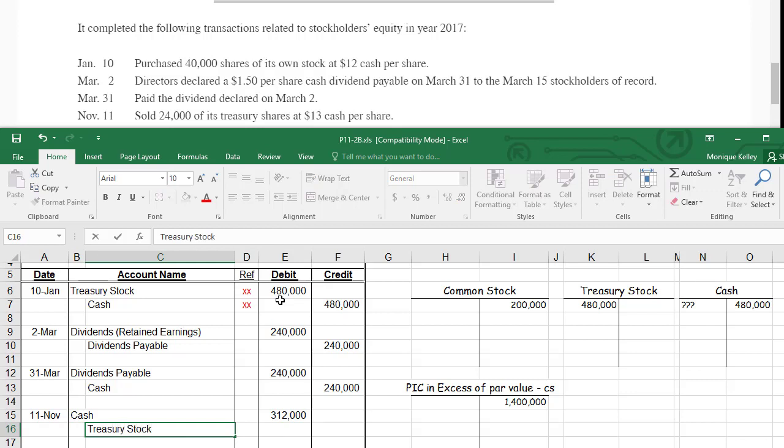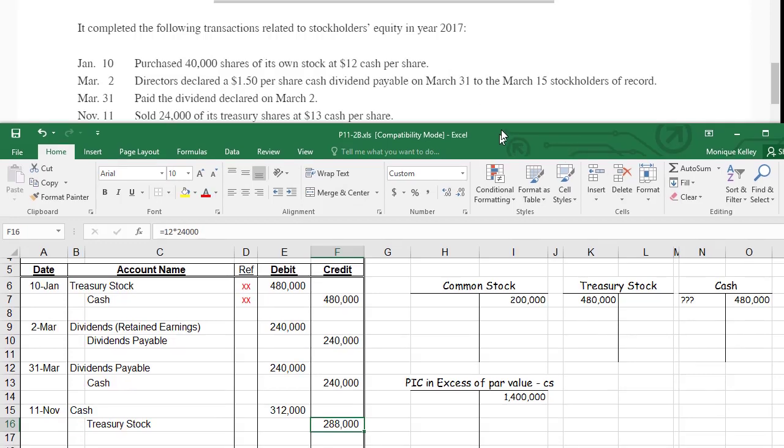Now we got to remember what we originally paid for, what's recorded in the general ledger account, and that was, let's see, $12. And we're going to multiply that by the 24,000 shares. And so you'll notice here that we get 288,000, and I'm going to see if I can pull it up some.